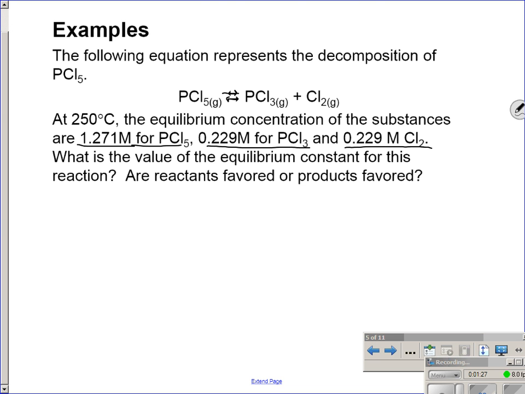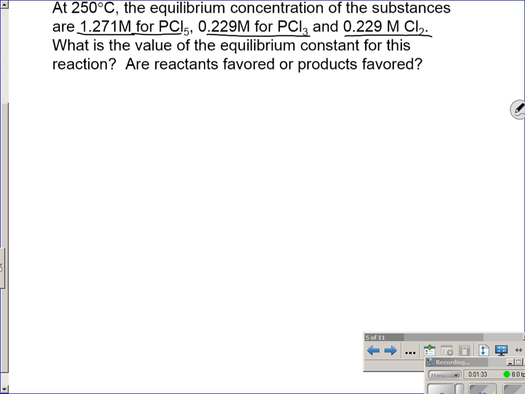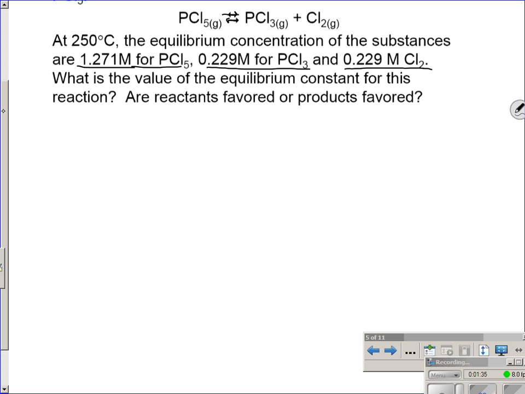So when you have these problems, there's 2 things you should do. The first thing you should do is write your equilibrium constant expression. That is using the law of mass action. In this case, I don't really care that you write this, but this is a Kc because it's a general equilibrium dealing with concentrations.